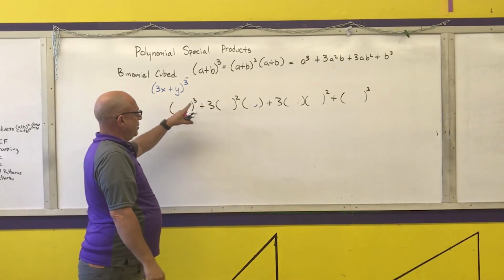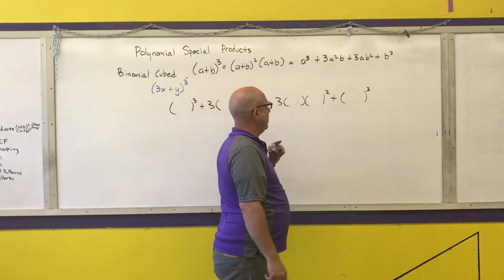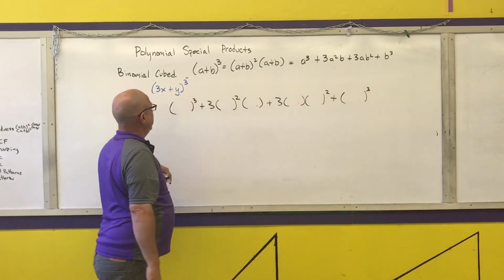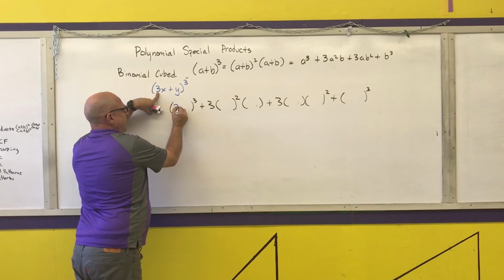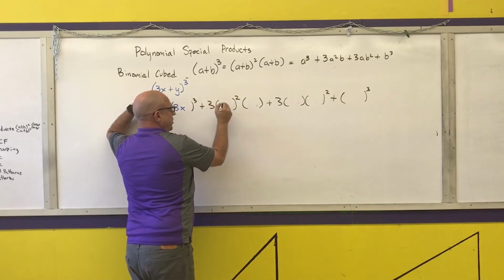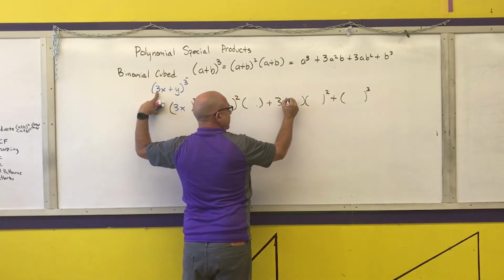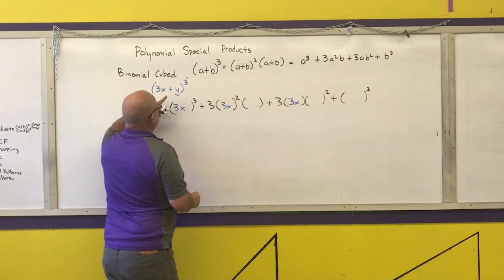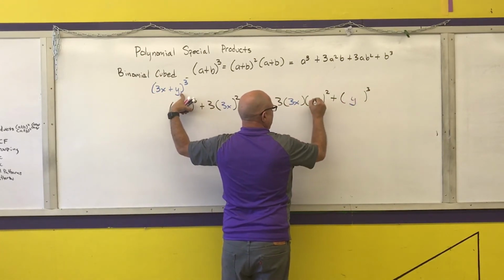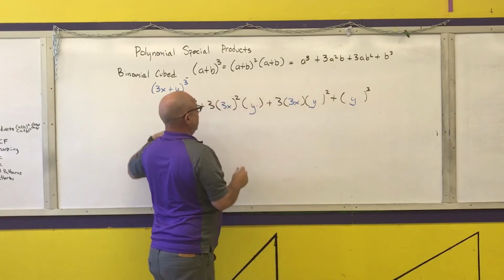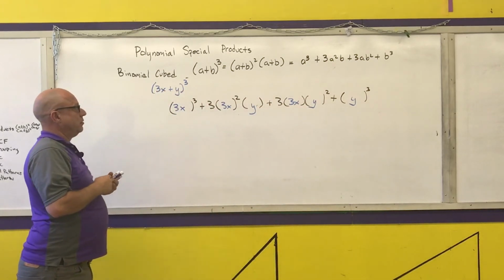So I've got the 1, 3, 3, 1 in front of what I'm going to do my pattern. In the first boxes, I put my first term to the third, to the second, to the first. In my last boxes, I put the last term, y, y, y. And now I do the work.